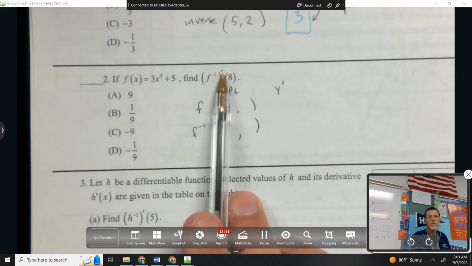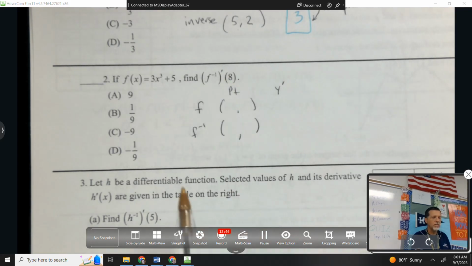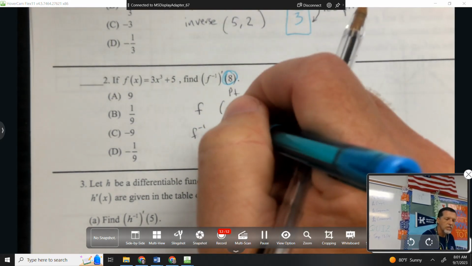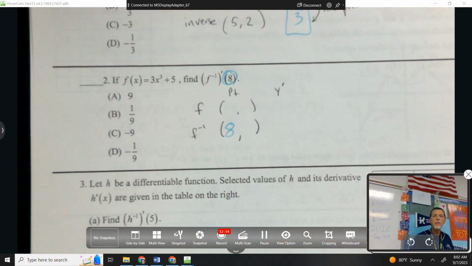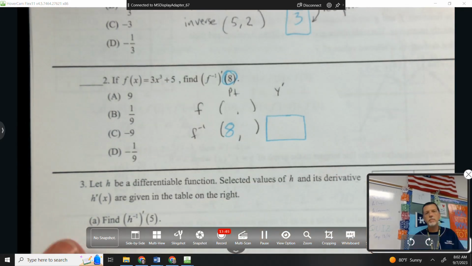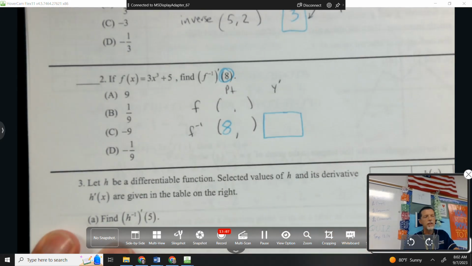Oh, it's on the inverse. So is it the x or the y of the inverse? It's the x value, because it's the input to the inverse. So it's right there. And what it wants me to find is that box right there, the derivative at 8, whatever that is.